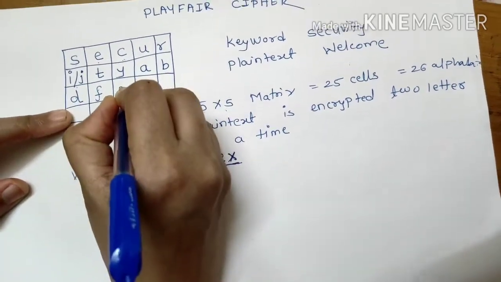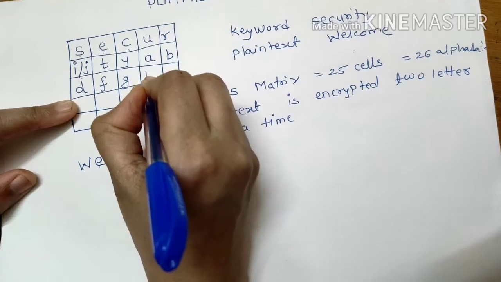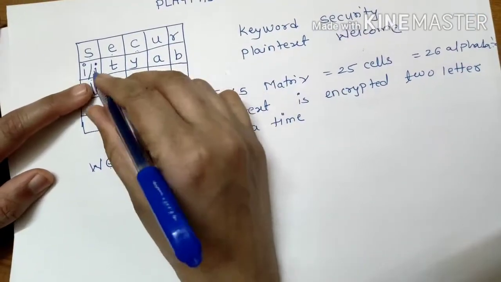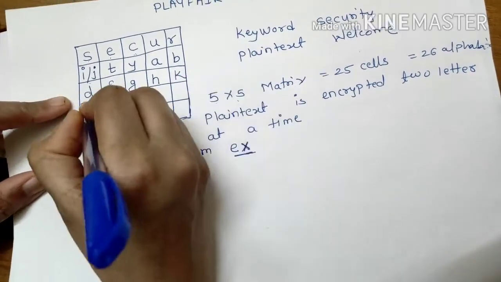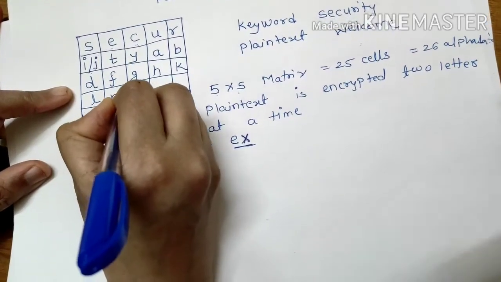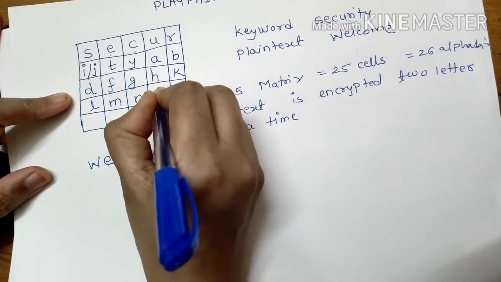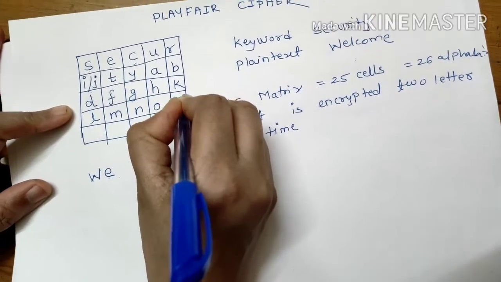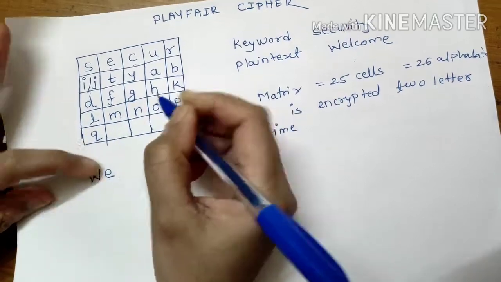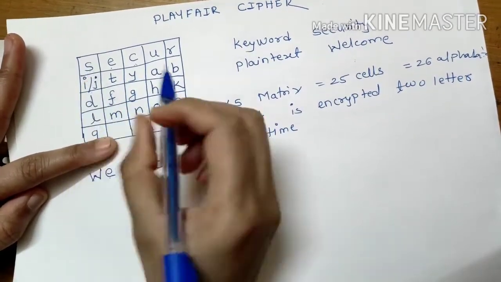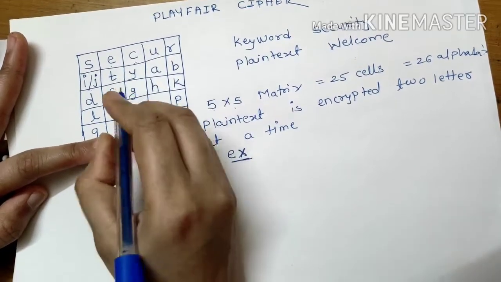F, G, H, I is also there. J is also there. K, L, M, N, O, P, Q, R is also there. S is also there. T is also there.